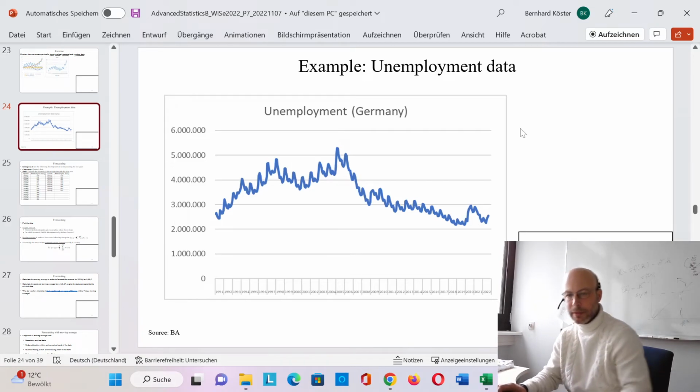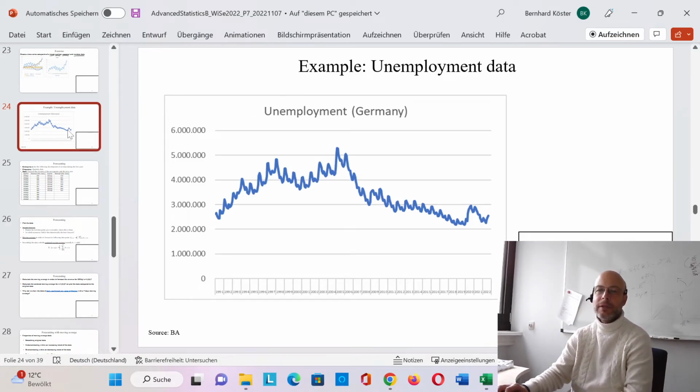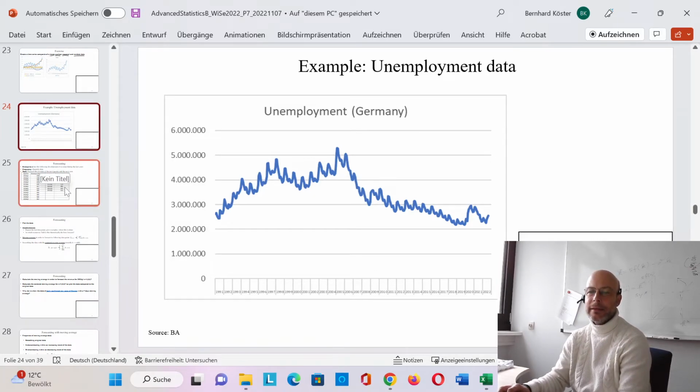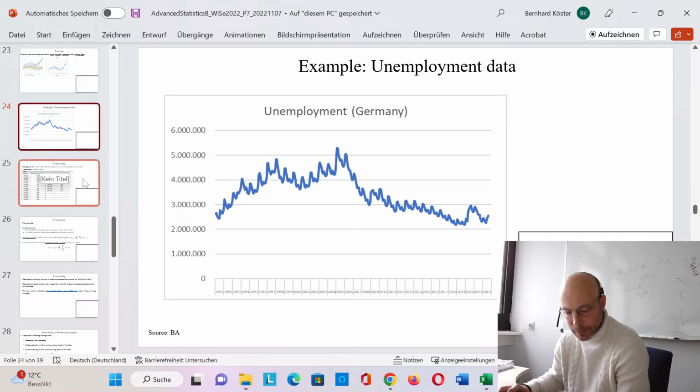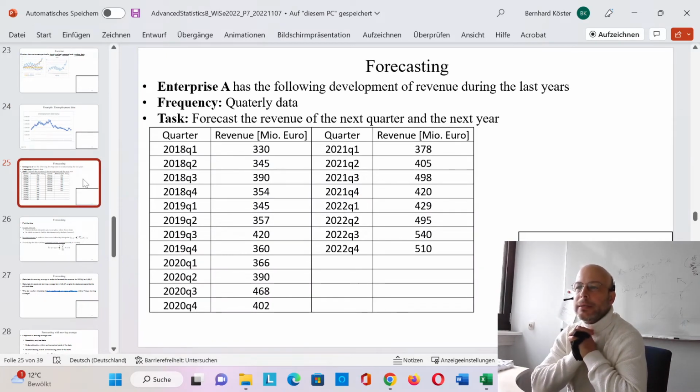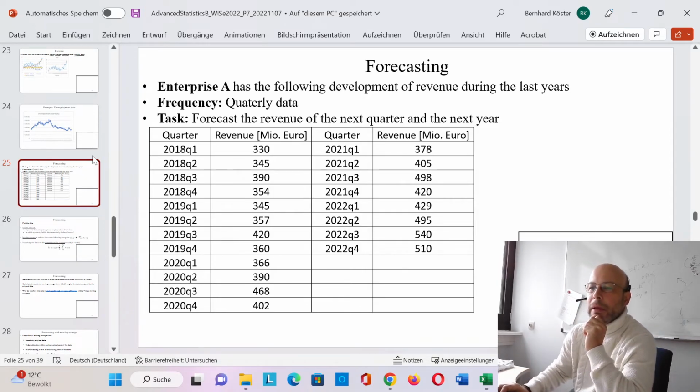Okay, so this general example for the introduction, and then in the following time we will take also here a little example. Let's say again, we have the development of revenue during the last years with quarterly data. And now we are interested how could we make a good guess for the future.